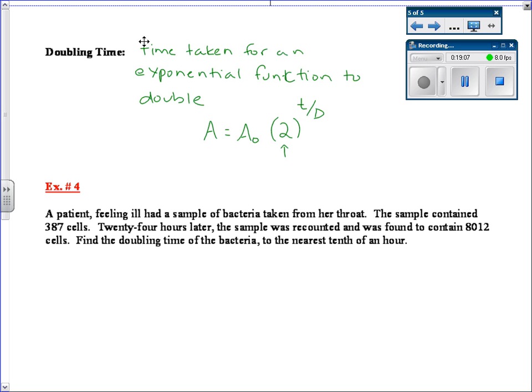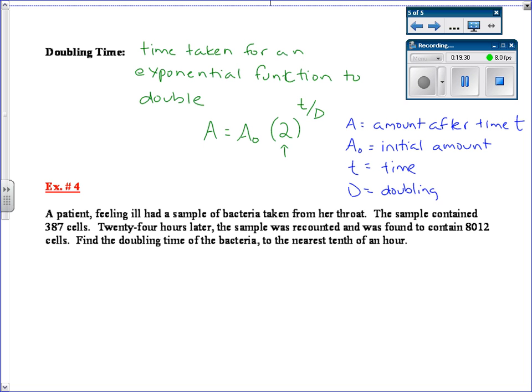So A is still the amount after time t, A naught is the initial amount, t is your time, and d is the doubling time. So it's the exact same setup as half-life, except we use d instead of h, but you could put any variable in there that you wanted.